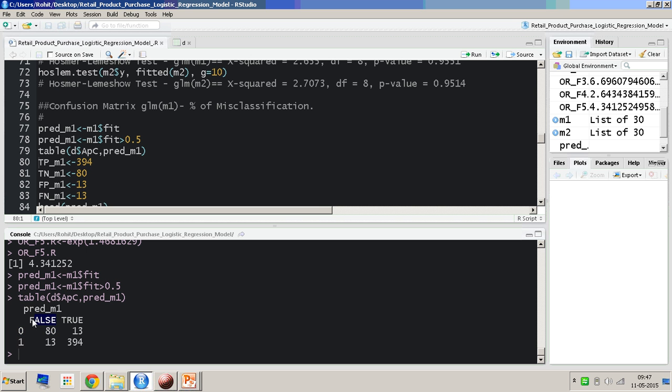Also our model predicted zero or false 13 times, whereas in the actual data set, corresponding to those particular observations, there were 13 ones.